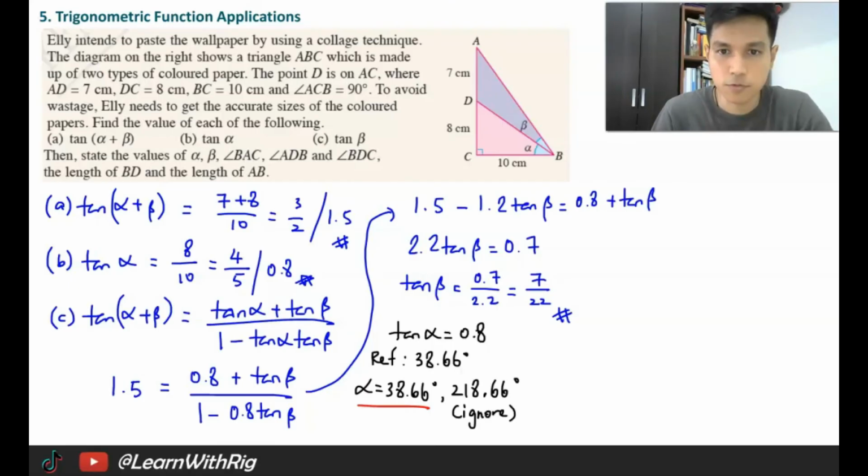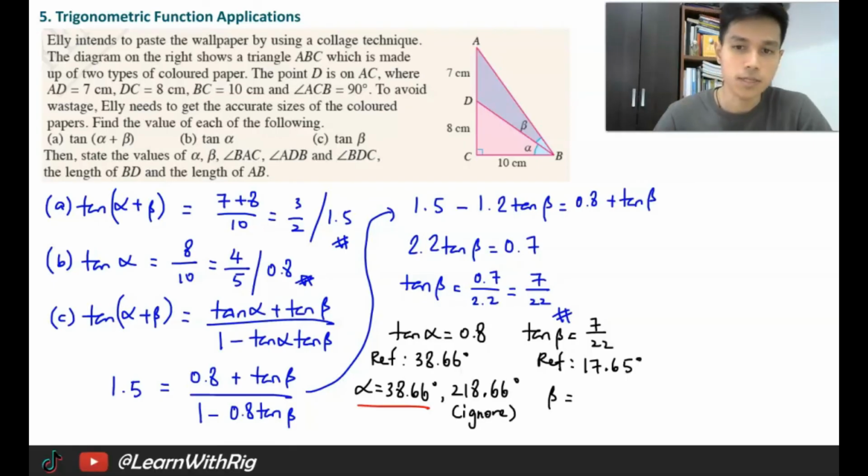So for beta, you have to use this. Tangent beta equals 7 over 22. So what's the reference angle? The reference angle would be 17.65. Same thing, you will have two quadrants, first quadrant and third quadrant, but I'm only going to take the first quadrant, because the third quadrant will be more than an acute angle.